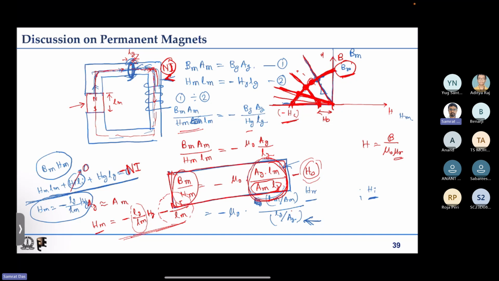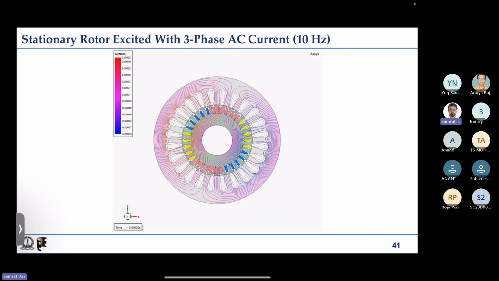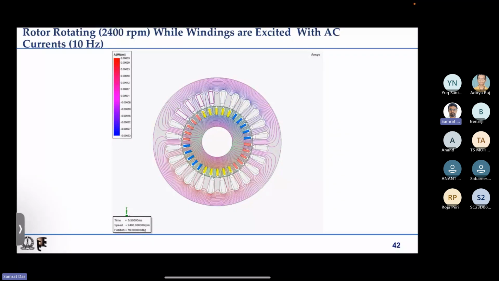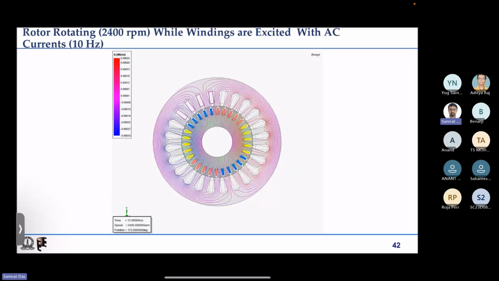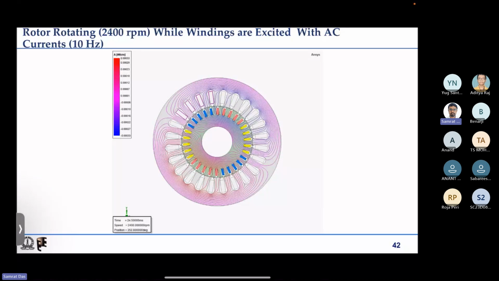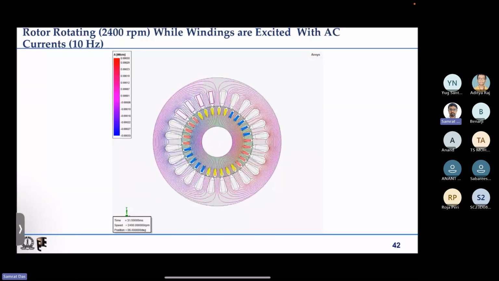So yeah, we discussed permanent magnets. Then we went on to see the second case. We saw that if we inject some AC current into the rotor, then we have a rotating magnetic field produced by the rotor with respect to the rotor. If the rotor is stationary, it rotates at that speed, and if the rotor is rotating, that magnetic field speed gets added to the rotor speed to get the net rotor magnetic field speed with respect to any stationary observer.